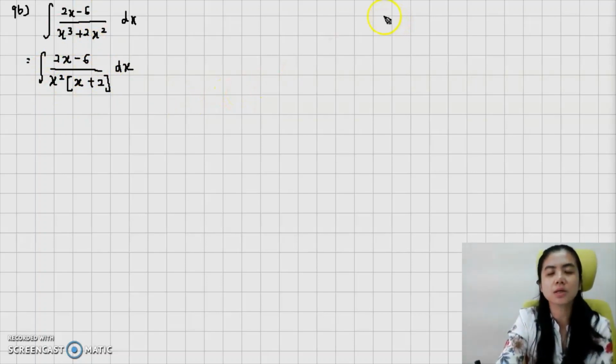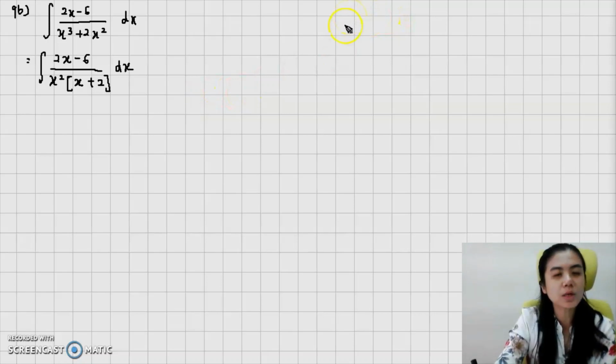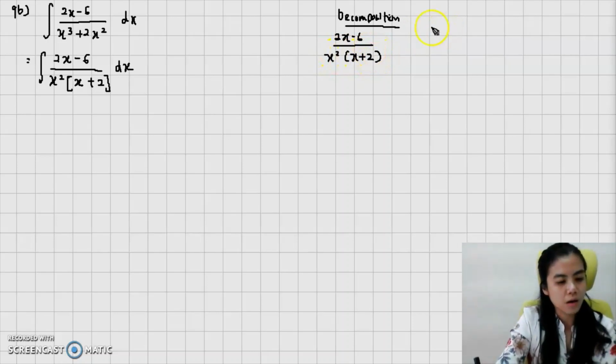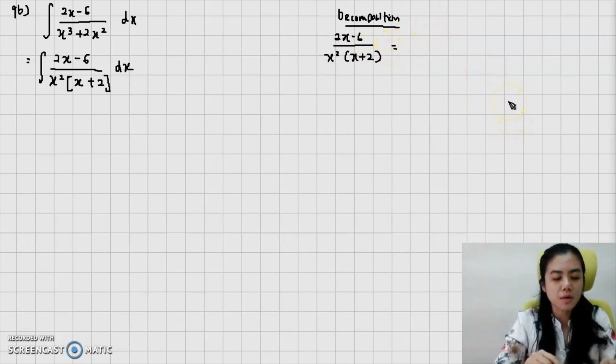After you have factored out the x squared, the next thing you should do is the decomposition. So let's do the decomposition. Try to write out the thing that you factorized just now. For this type of rational function, you will have two methods to decompose.